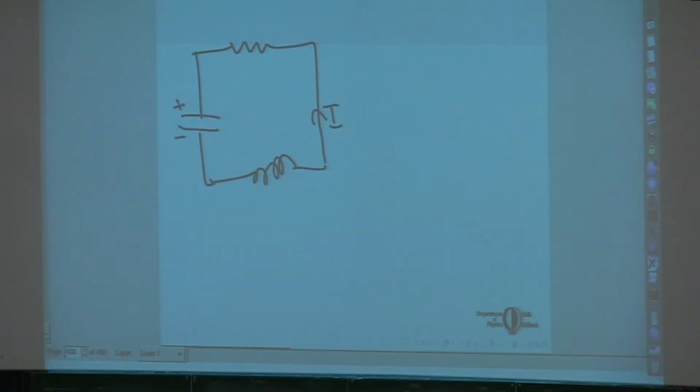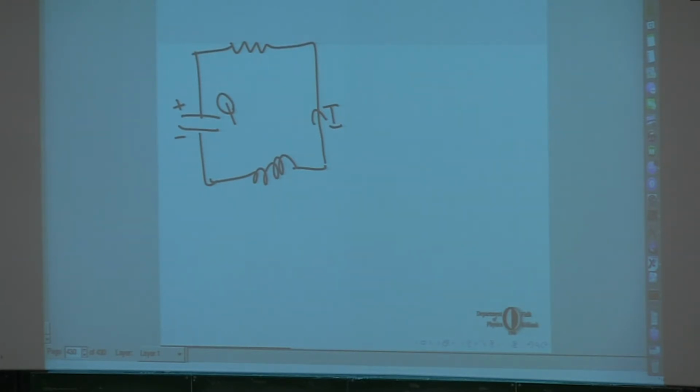Now, let's first choose the positive and the negative plates of the capacitor, and let's say that at this instant we just have Q of t. So at this time, we have a current running through our system, and we have a charge going over our system.